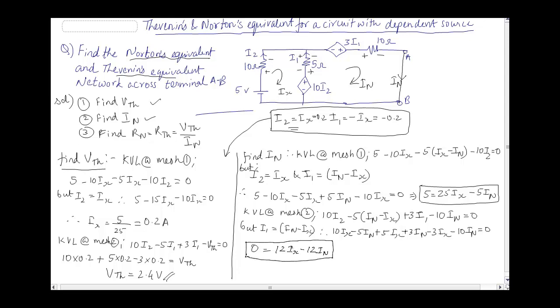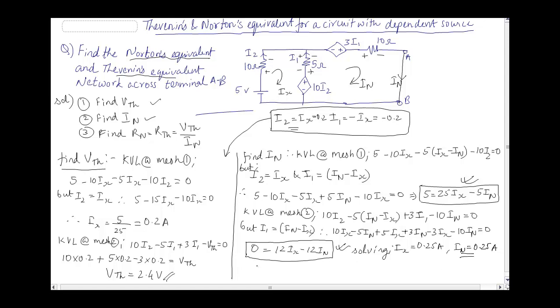Now solving both these equations together, that is a simultaneous equation, solving, we will get Ix as equal to 0.25 amperes, and In I will get it as 0.25 amperes. So as you can see, the main important thing was In.